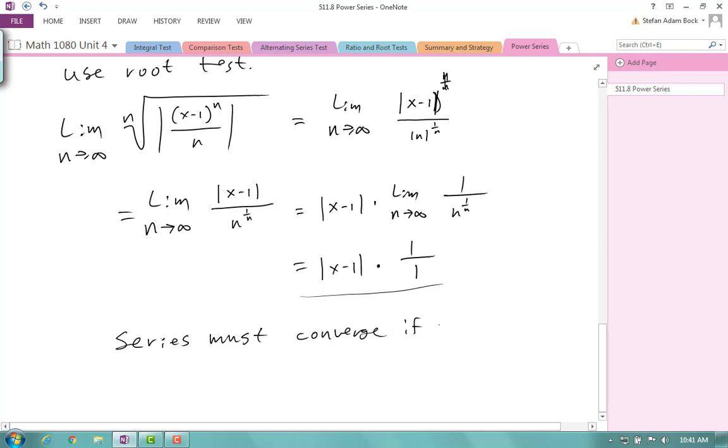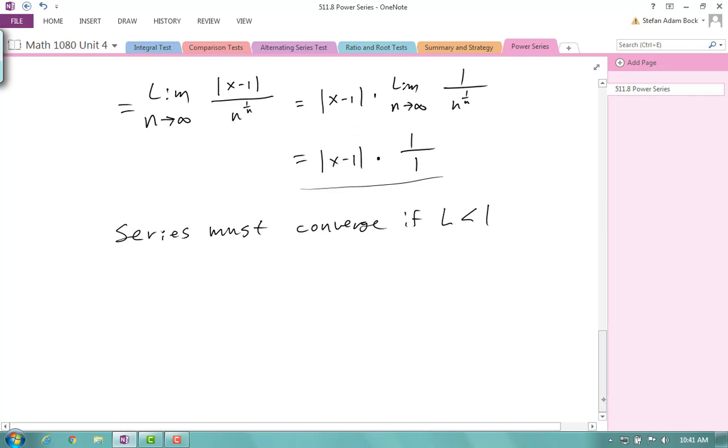if this limit, so I'll call this L, equals, if L is less than 1, which means I converge, if the absolute value of x minus 1 is less than 1.